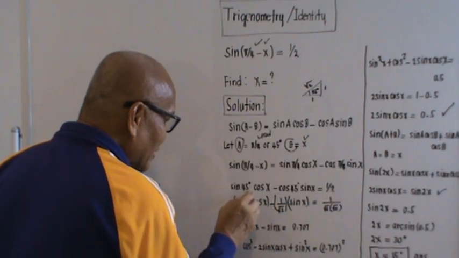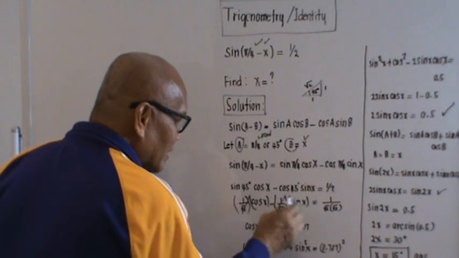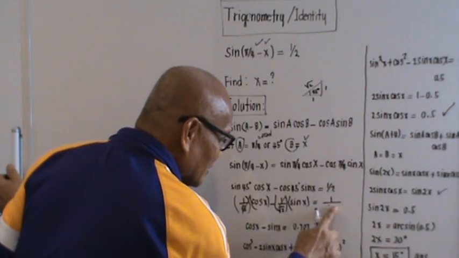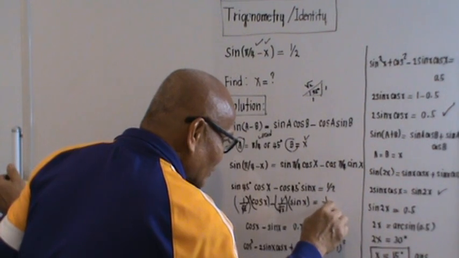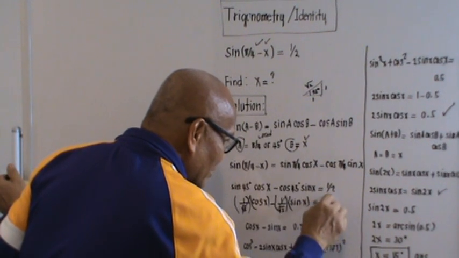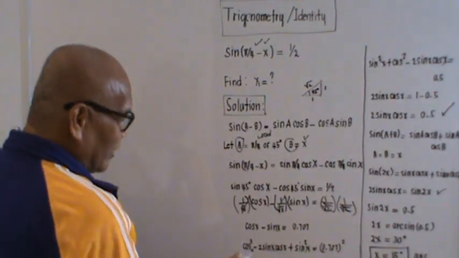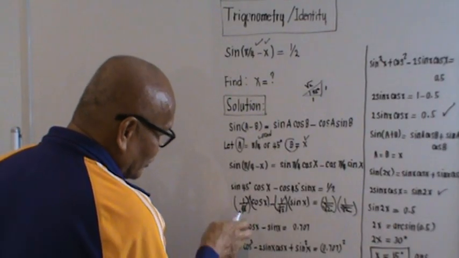So actually, we can cancel a common factor. For all the terms, we got the common term 1 over square root of 2, so we can cancel.